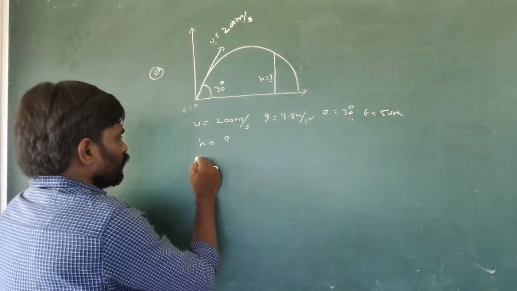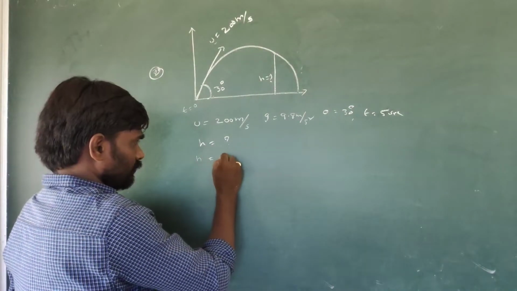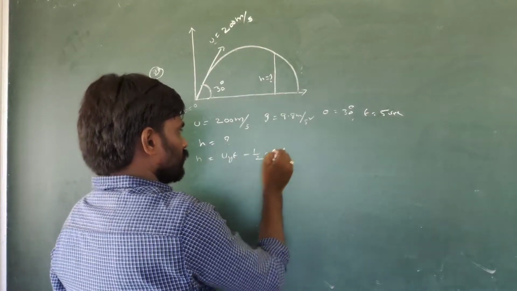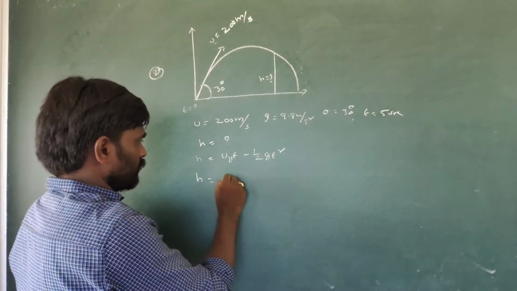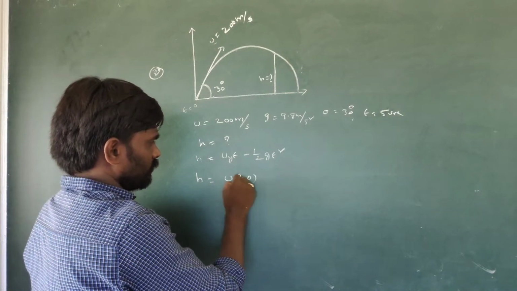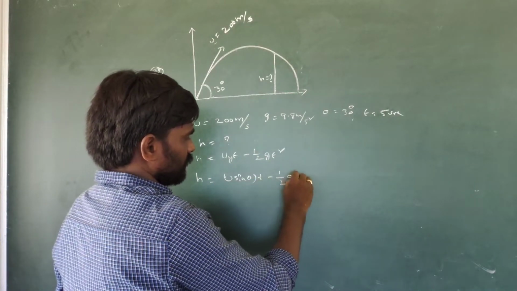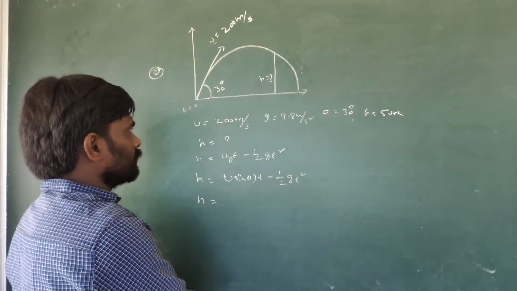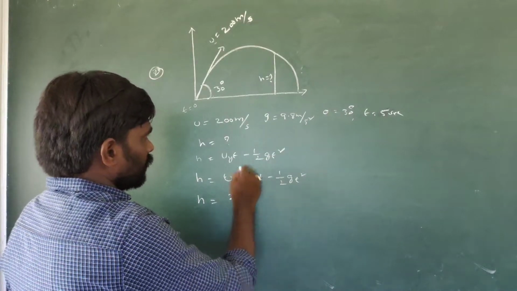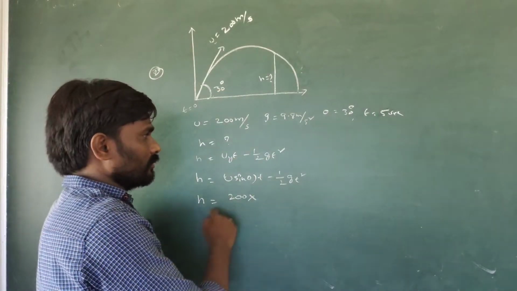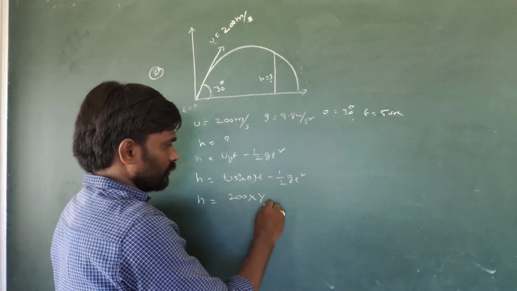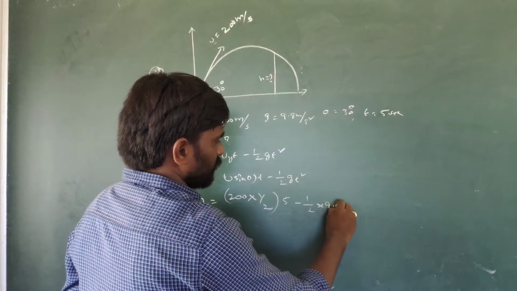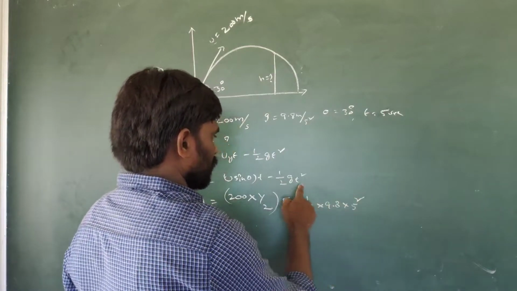The height h is equal to uy t minus half g t square, so h is equal to u sin theta into t minus half g t square. Then h is equal to 200 into sin 30, which is 1 by 2, into 5 seconds, minus half into 9.8 into 5 square.